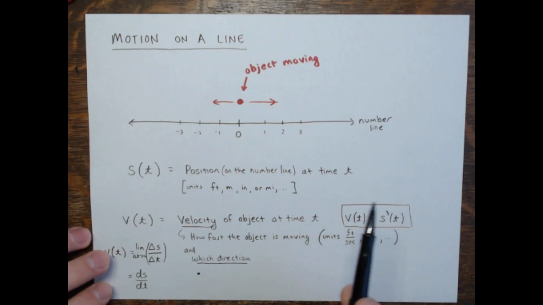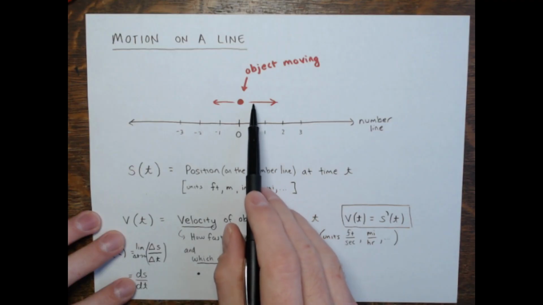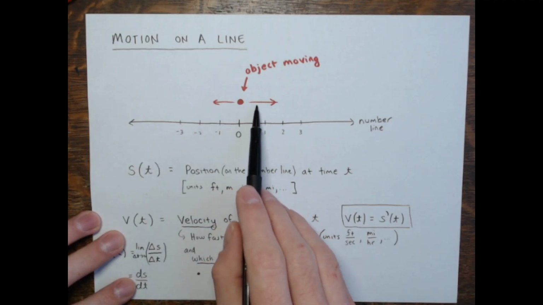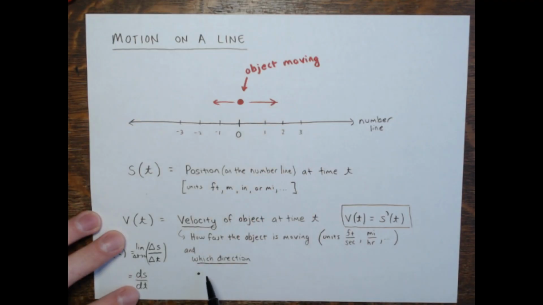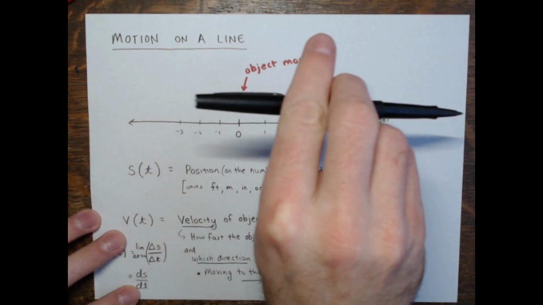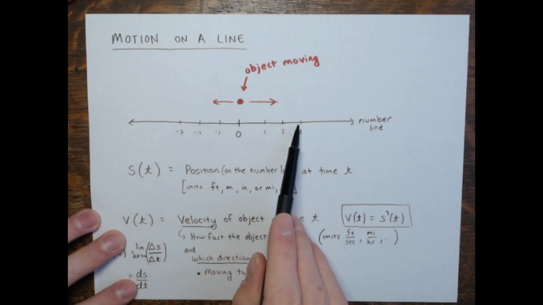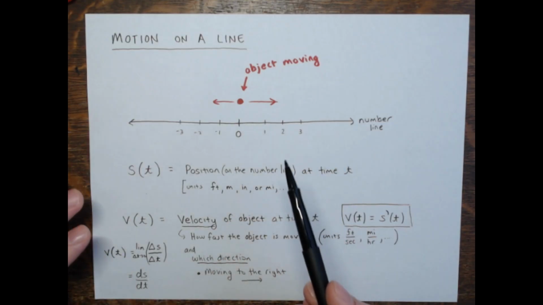Now, think about how the object's moving. Say moving to the right, from left to right, so a little arrow here. If you move to the right on the number line, the value of the position will be increasing.